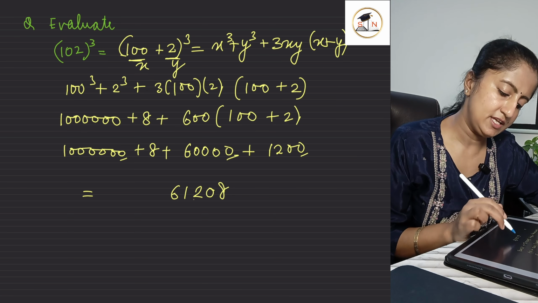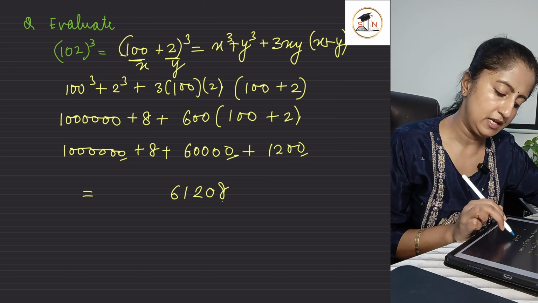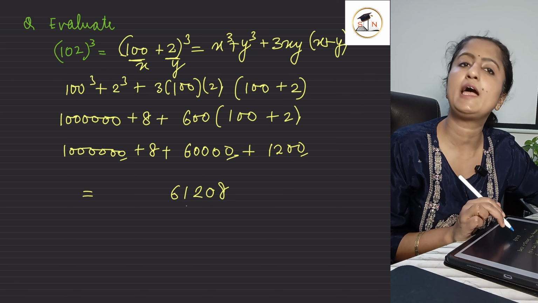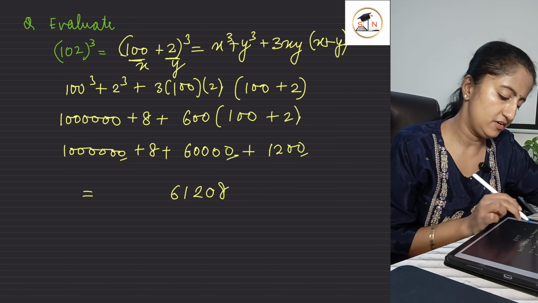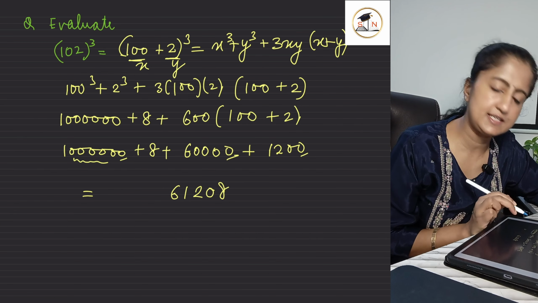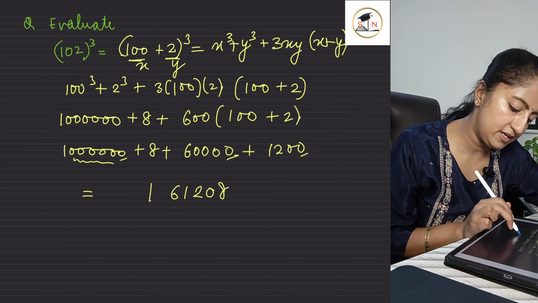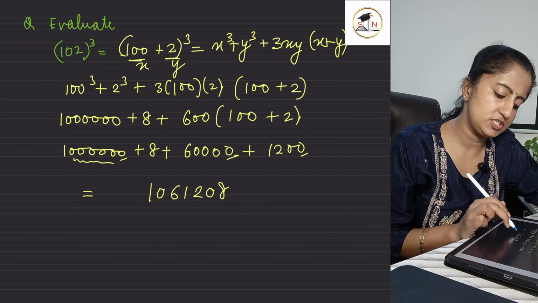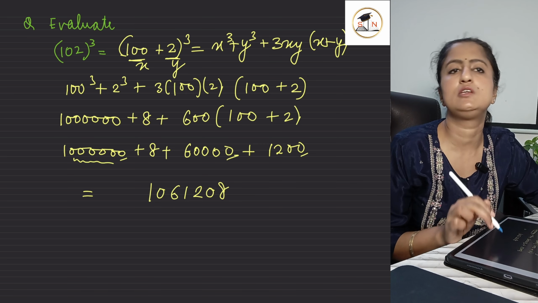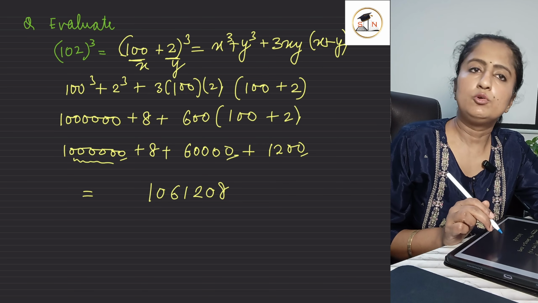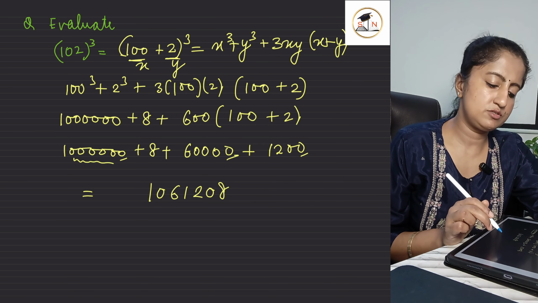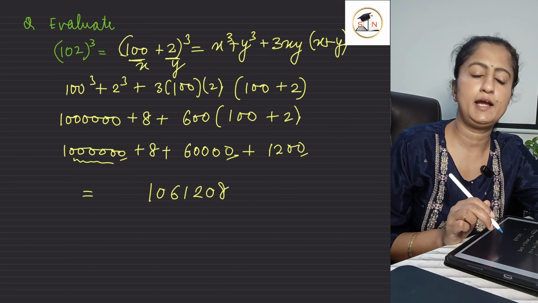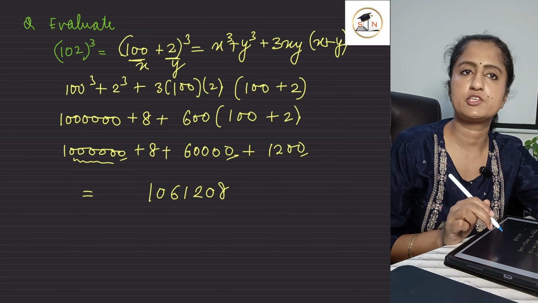So that means we have 61208. Now how many places have they occupied? They have occupied 5 places, right? And over here we had 6 zeros. So that means we are left with this number, which is 1061208. Do your calculations very patiently over here and be cautious about such questions.